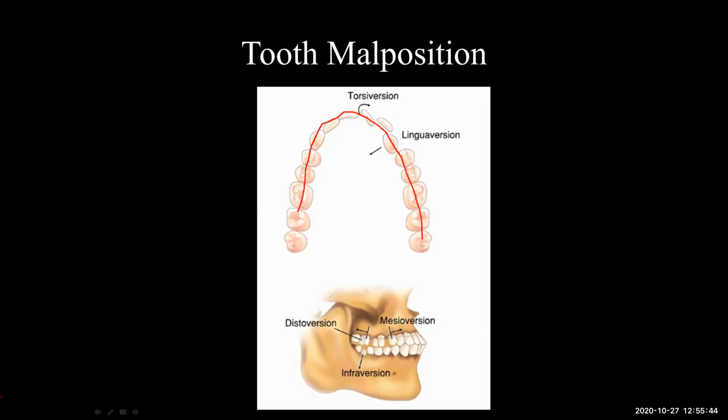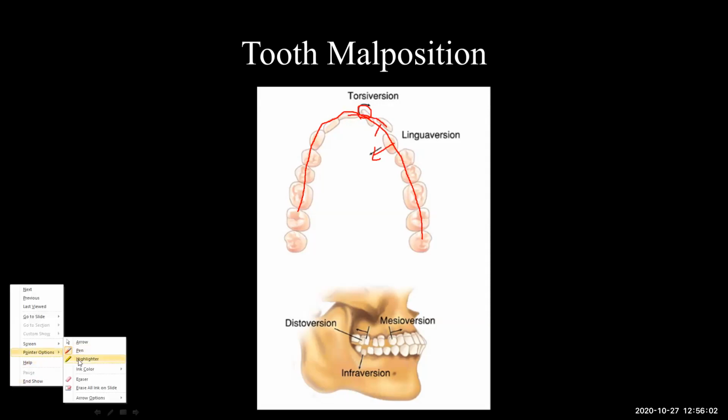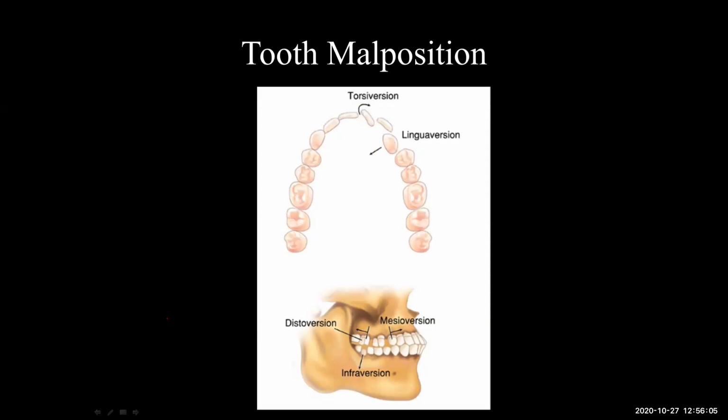You're trying to figure out where the teeth are in relation to that imaginary line. Well, this is lingual. This is the mesiofacial version. This might be facially verted, or it might be in complete alignment. So that's why you have to have that imaginary line for malpositioning of teeth.